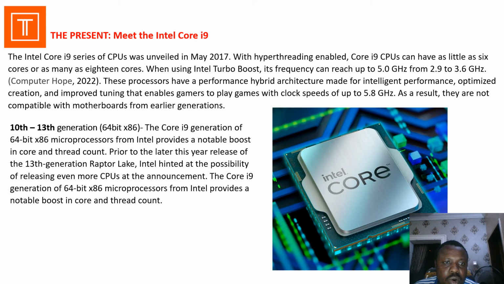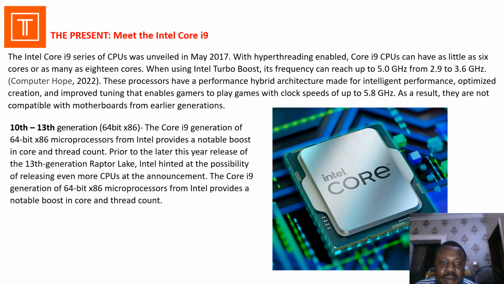The Intel Core i9 series CPU, 10th to 13th generation. The Core i9 generation of 64-bit microprocessors from Intel provided a noticeable boost in core and thread counts. When using Intel Turbo Boost, its frequency can reach up to 5.0 GHz from 2.9 to 3.6 GHz.